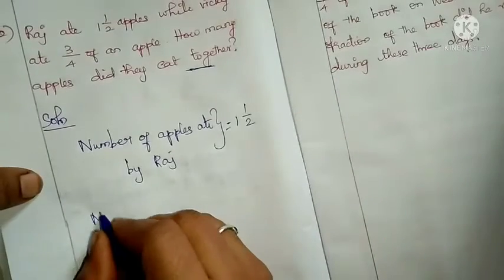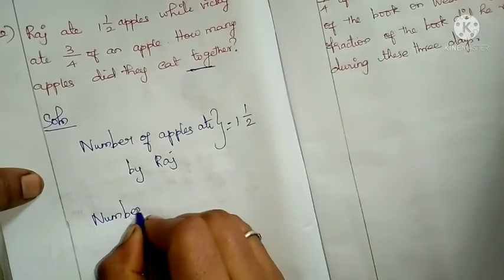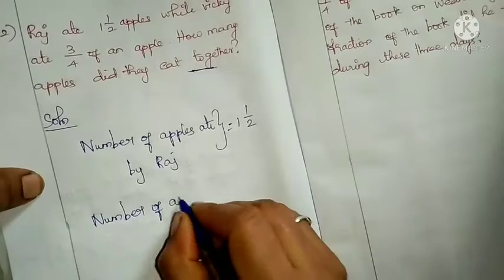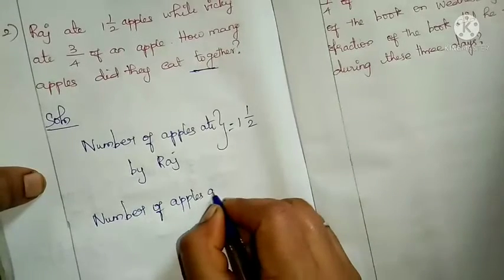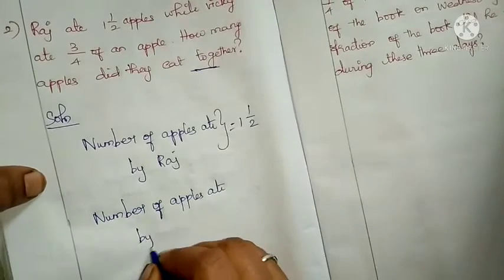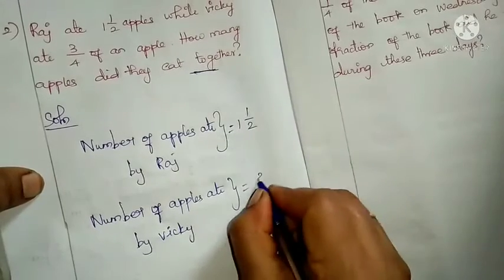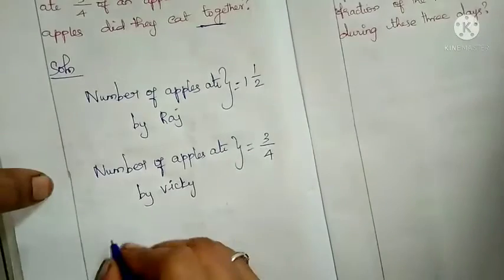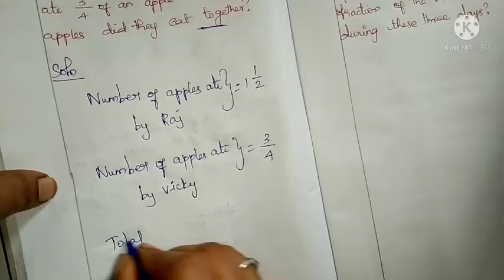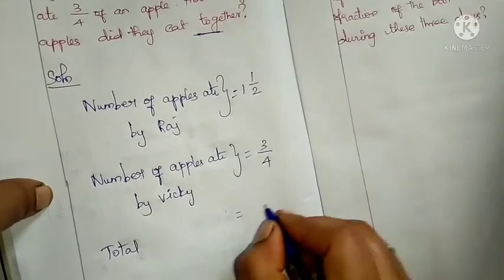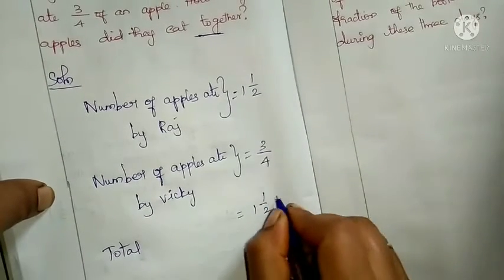Next, number of apples eaten by Vicky is 3 by 4. So we want to find the total. Total means we should do addition, isn't it?